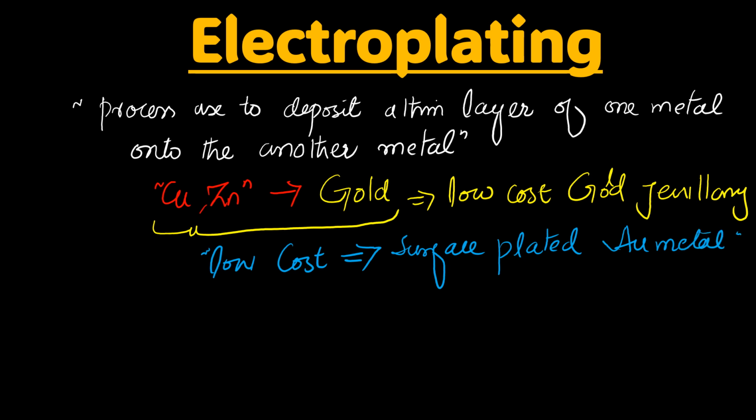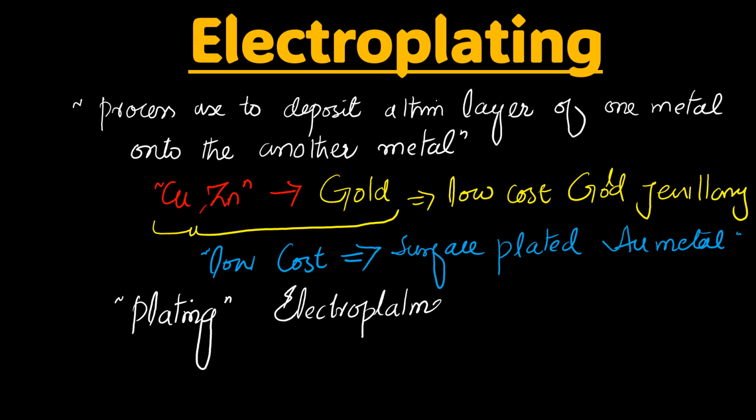The electroplating process is also known as plating. A device in which electroplating is performed is known as an electroplating cell. Dear student, please keep in mind in an electroplating cell there usually take place two types of chemical reaction.